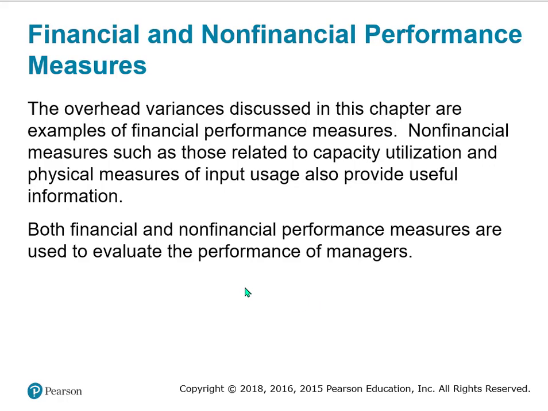So be sure to carefully do these problems and notice the difference between the columns for what these variances are. On top of that, you've got to know what the variance names are. So when you look at it, you know the difference between a spending and efficiency variance, or what the flexible budget variance really represents. I actually think that's the hardest part.